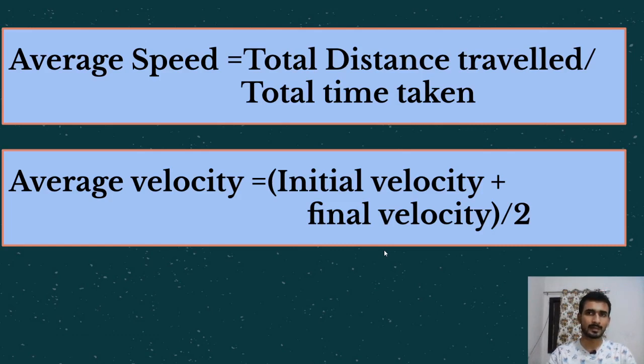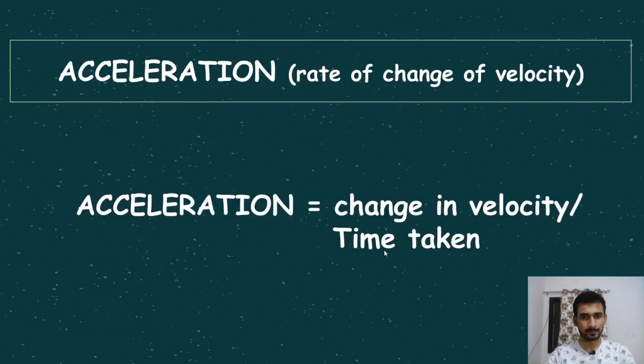What will be its average speed? We will do that example in the next module, in which I will also show you the numericals. Now, what is average velocity? Average velocity is initial velocity plus final velocity upon 2. We will discuss them further in numerical examples.